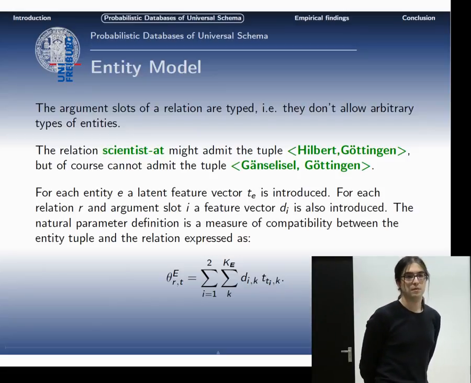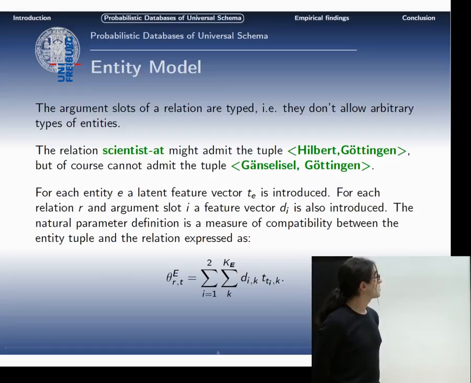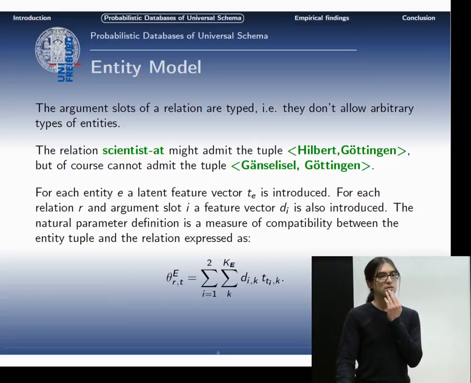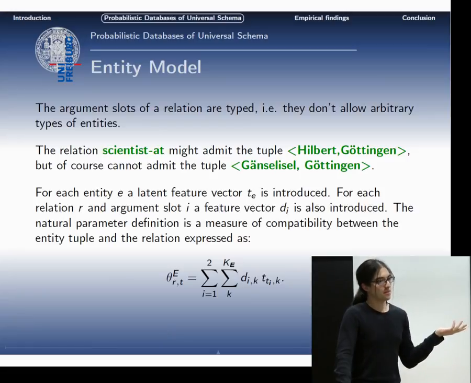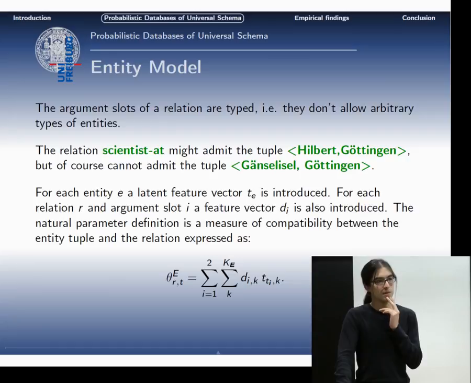Hilbert was, of course, a scientist at Göttingen, but we cannot pretend that the Gänseliesel is a scientist at Göttingen, or was. Does everyone know what the Gänseliesel is? Or no? It's a statue in Göttingen. It's a rather famous statue in Göttingen, which, since it is an object, a statue, it cannot be a scientist at Göttingen, even if it is in Göttingen in a sense.